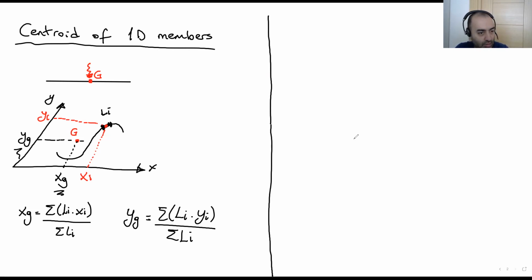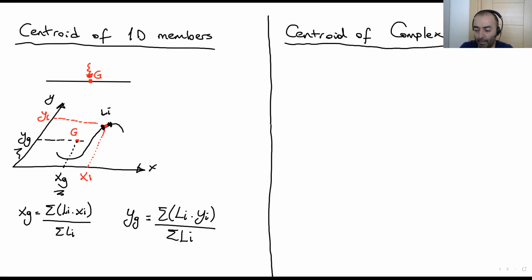It's the easiest way to calculate centroid. I'm using the same method, so it's really easy. Let's write here: centroid of complex shapes.